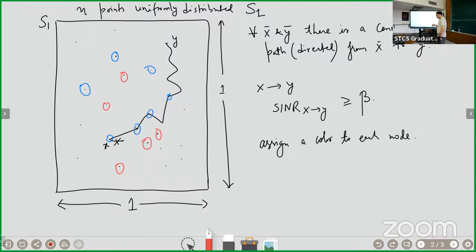When I say directed paths, it's precisely the point. So with coloring, without coloring, the SINR graph is not undirected. But after coloring, it becomes something like undirected, because we are basically dividing them into different categories.